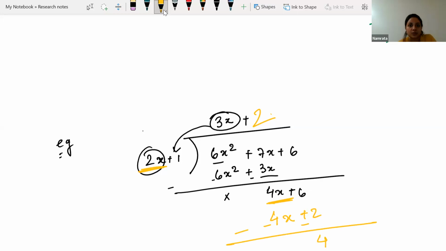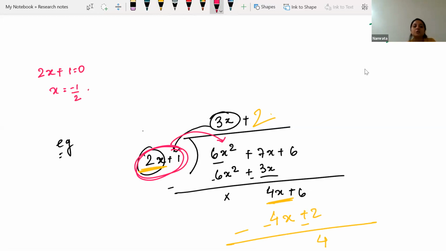Now the remainder theorem says, if you want the remainder, rather than doing this many steps, you can do one step: find the x value from here and substitute it in the polynomial. So 2x plus 1 is equal to 0, and the x value we get is minus 1 by 2.